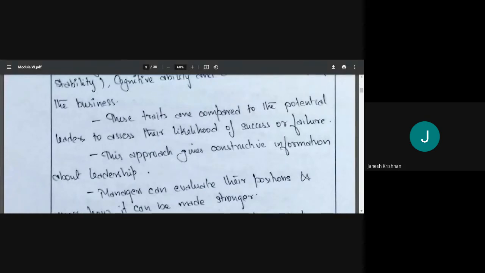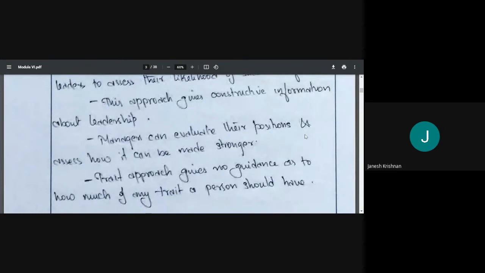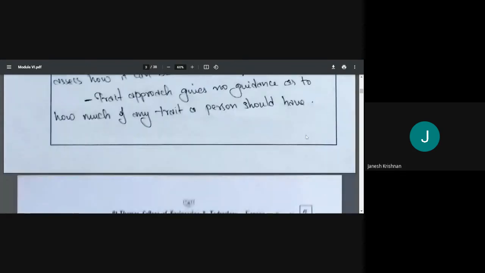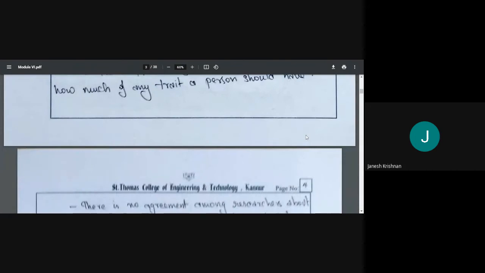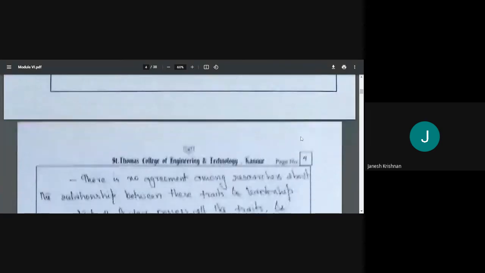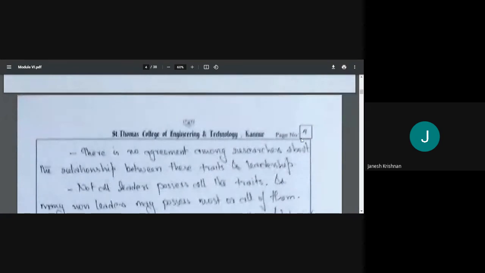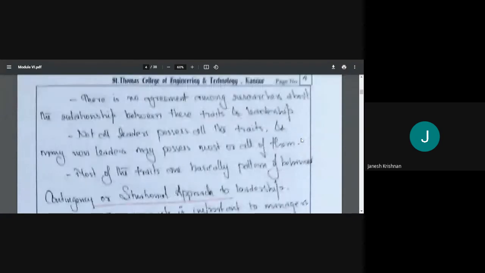But the problem is there is no guide for how much of this is required. We don't know what is required at what level. There's also no agreement between the researchers; they are not sure about how these relationships work.